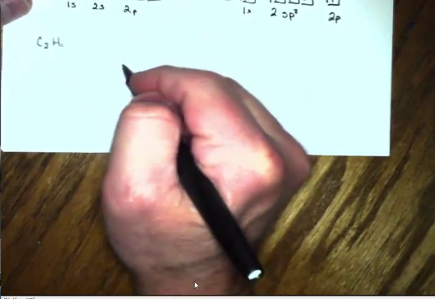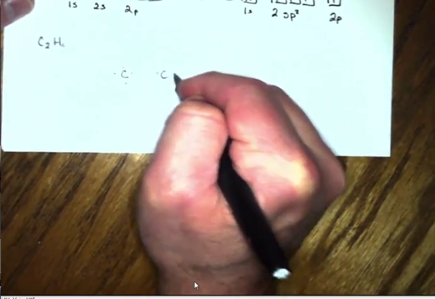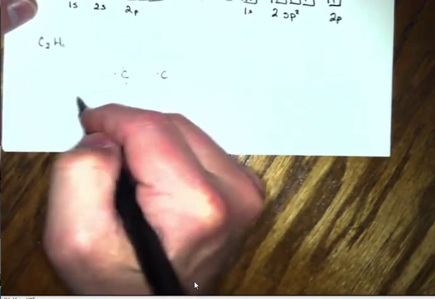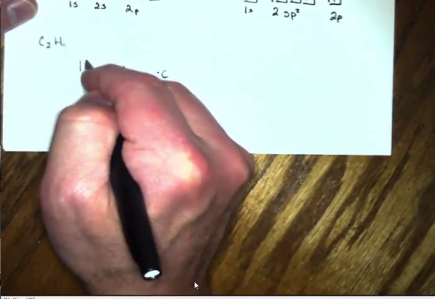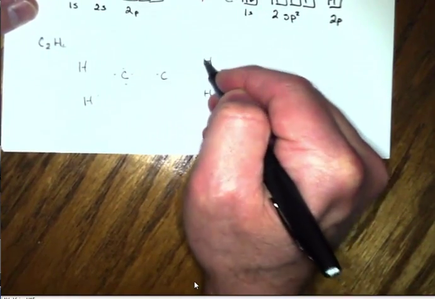the remainder of this. Carbon has 4 electron dots, and I got 2 carbons, and I have 4 hydrogens. Not that it matters where you put the hydrogens. I'm putting them here because I kind of already know where we're going. You might start out with them someplace else, and that's okay, as long as you combine everything in the correct manner. And there's only one way to put this together with 2 carbons and 4 hydrogens.